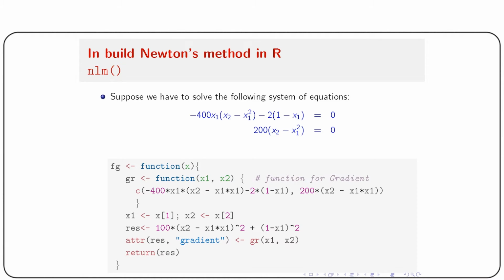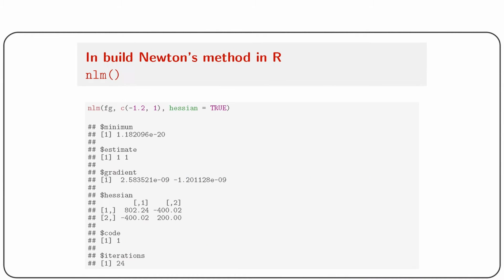That function can be passed to nlm: nlm(fg, starting point c(-1.2, 1), hessian equals TRUE). It will give you the minimum 1.18 times 10 to the power minus 20, the estimate is 1, the gradient and the Hessian are given in this manner, the code, and the number of iterations was 24.